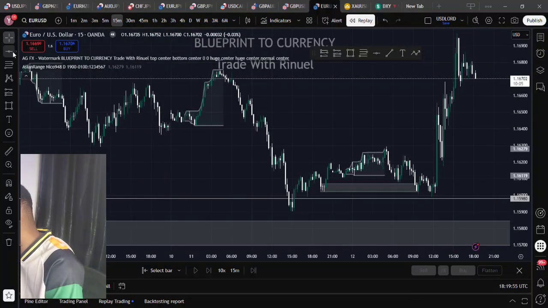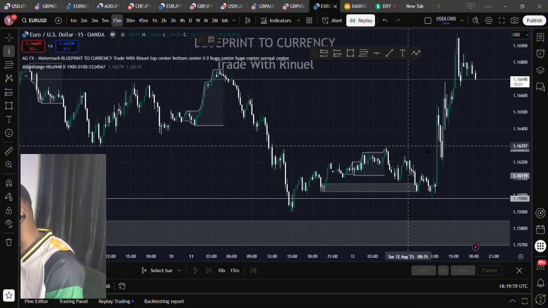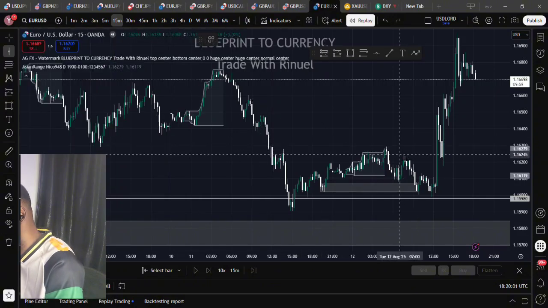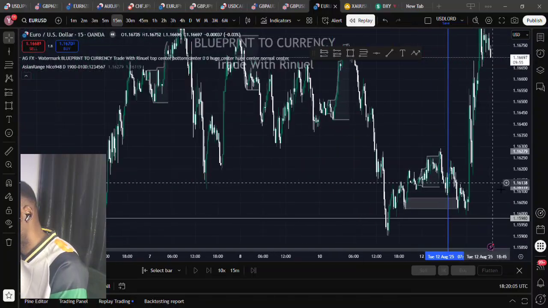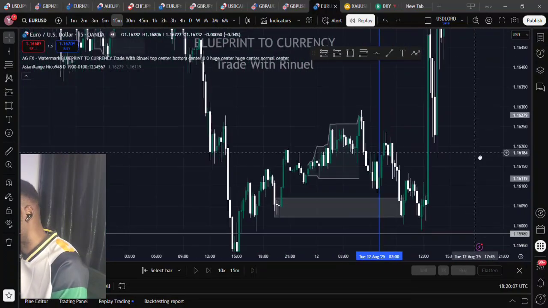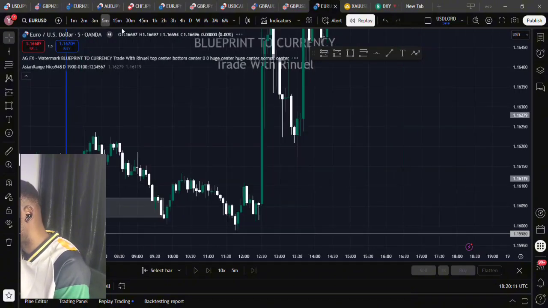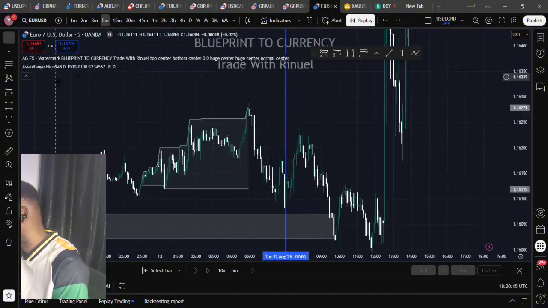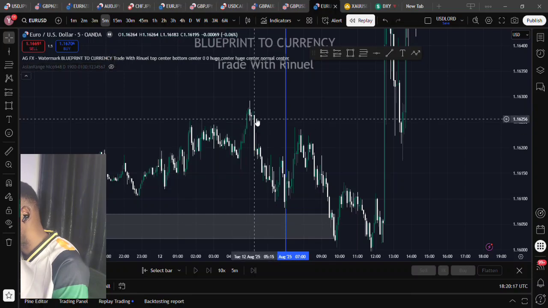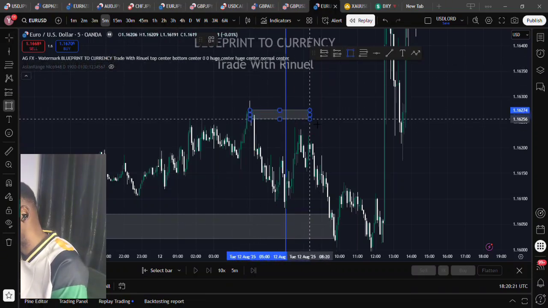So I'm going to use this line. I'm going to mark up this line from here. So in the early days of today, when I woke up this morning, I checked EURUSD and this was what I noticed. First of all, when I came to the markets, I noticed this zone. It was matching my strategy, the strategy I usually use.